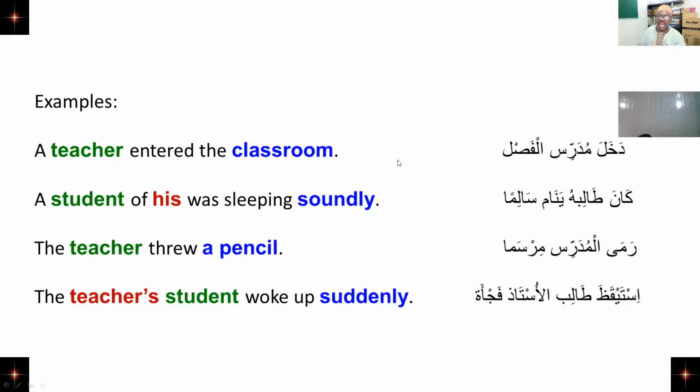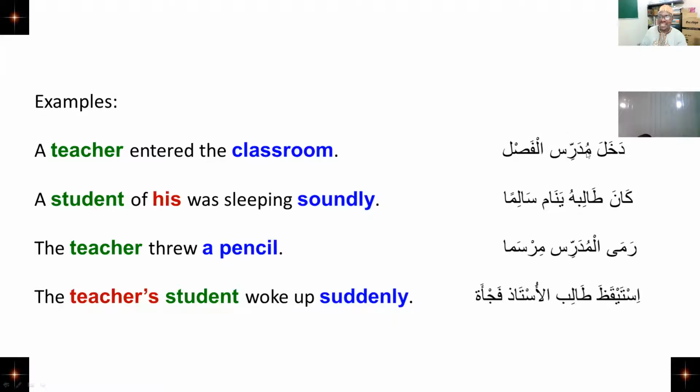But here, what I mean is that the teacher entered the class, or a teacher entered the class. So dakhala mudarrisun al-fasla. So this one will be un, and this one will be a. Because the fasla is the victim, or the one that took the action on itself.